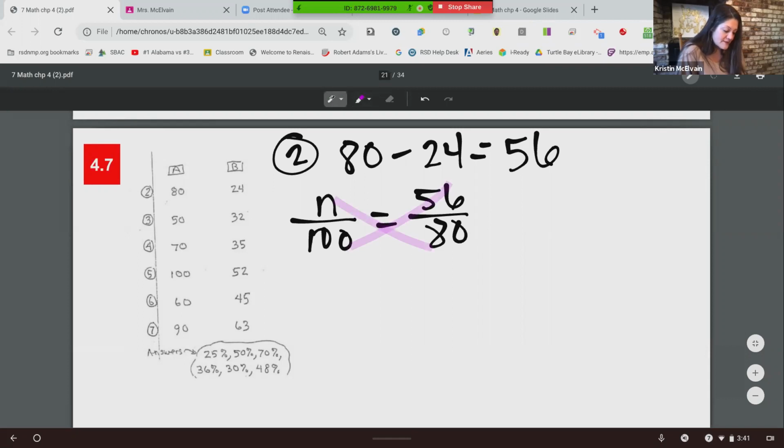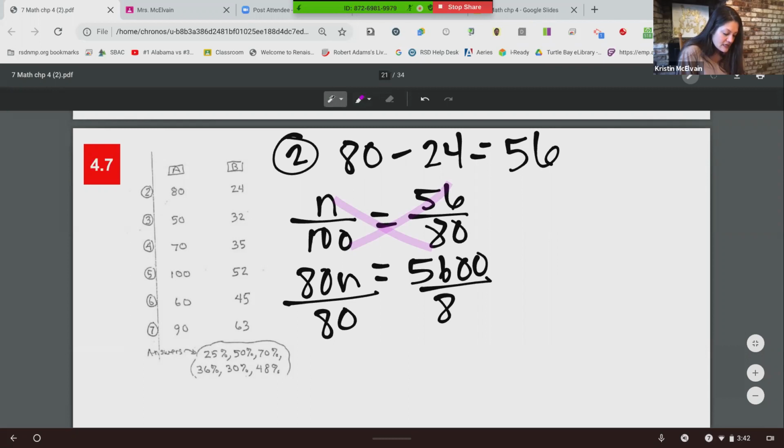Cross multiply gives us 80n equals 56 times 100. We have our 56. We add our 2 zeros, so 5,600. Divide each side by 80. Leaves us with n equals, we can cross out those zeros. So 56 divided by 8 is 7, right?